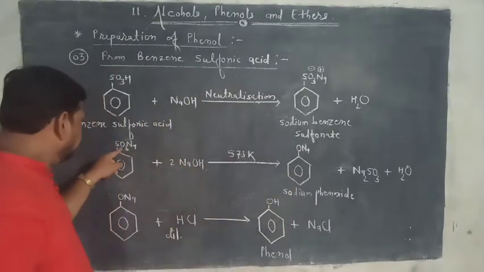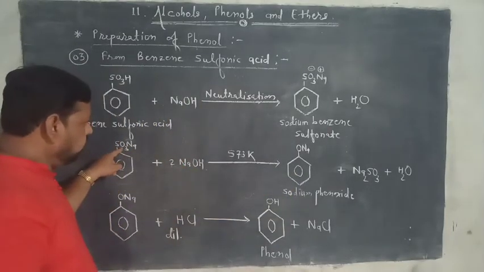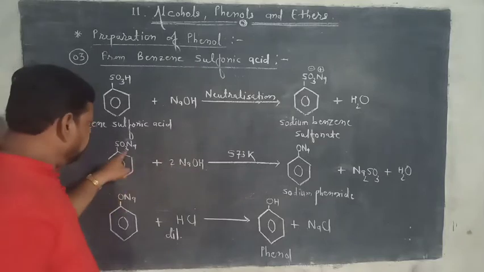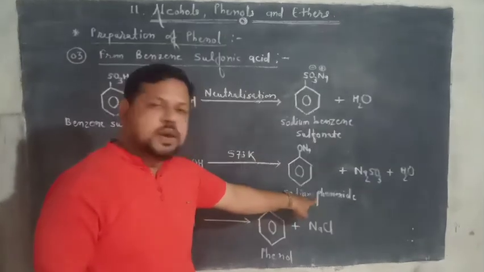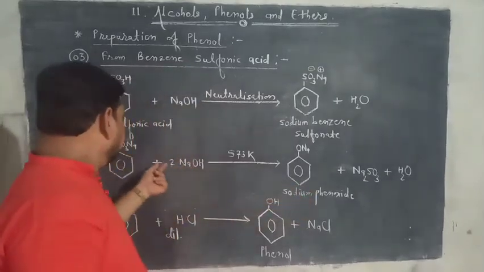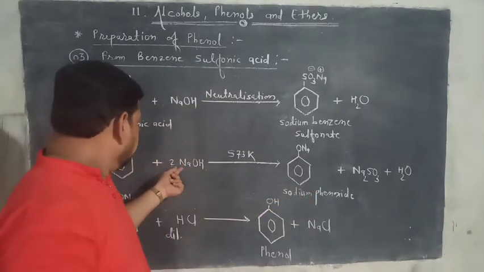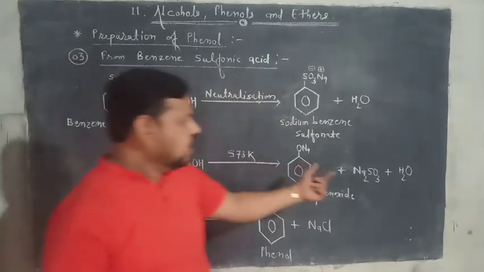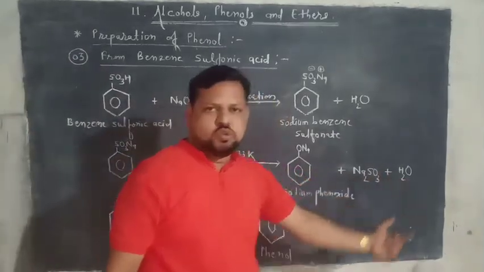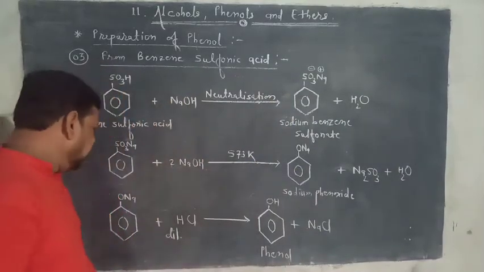See here, this SO3Na group is replaced by an oxygen atom and it gives the ONa, that is sodium phenoxide. And this Na sulfite group gives Na2SO3, that is sodium sulfite.